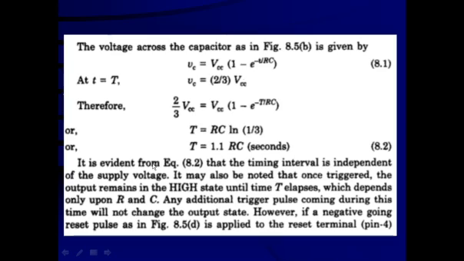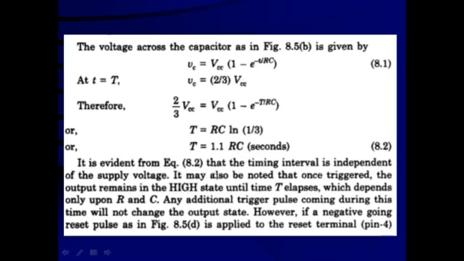It is evident from equation 8.3 that the timing interval is independent of the supply voltage. So in this equation, the timing during which it remains in the unstable state, or the pulse width, does not depend upon VCC anywhere.